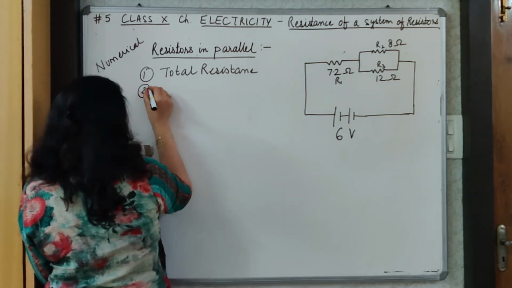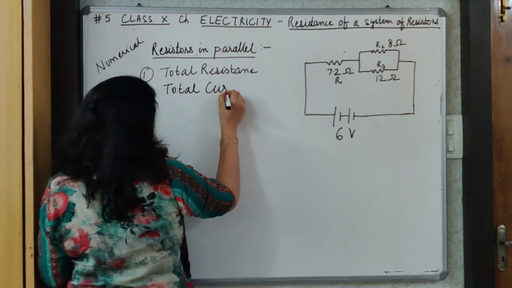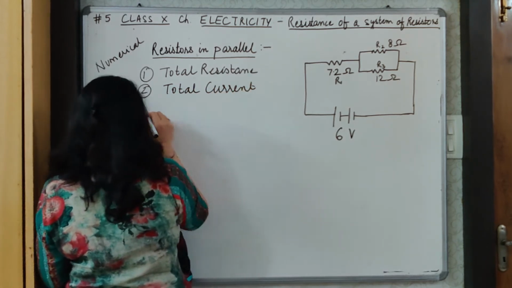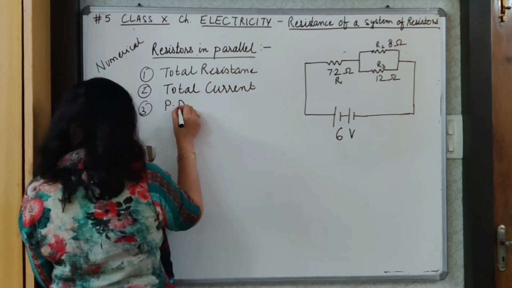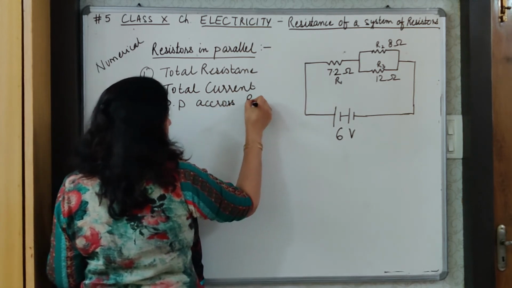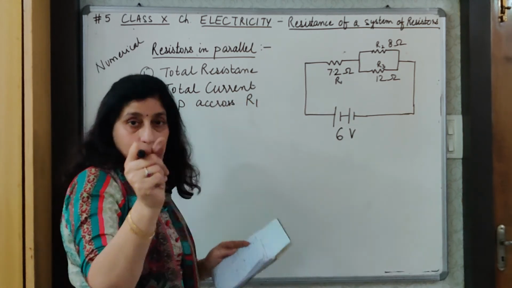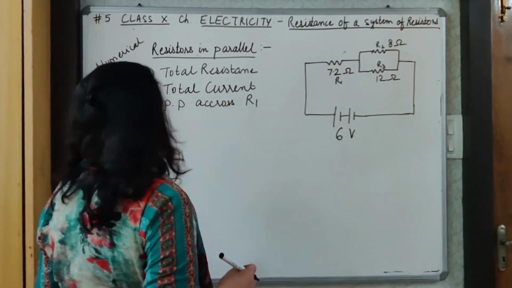Second, they have asked the total current. And the third thing they have asked is the potential difference across R1. So let's begin and let this numerical become easy for you.